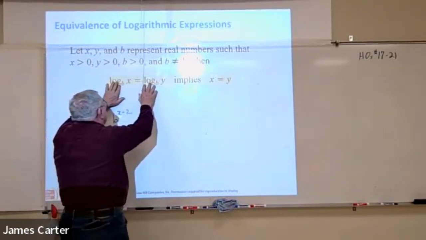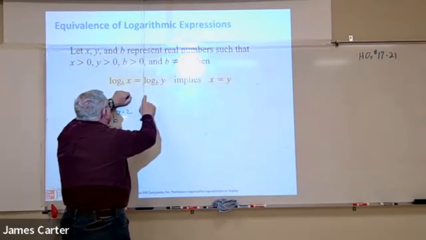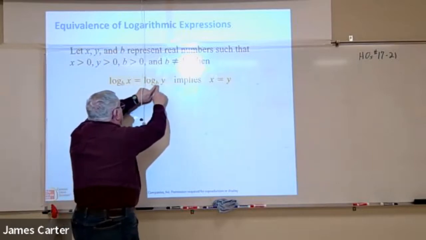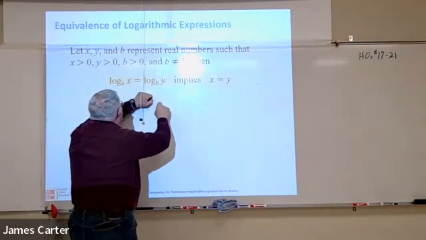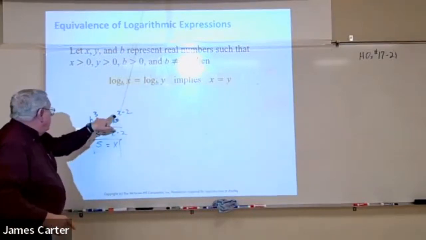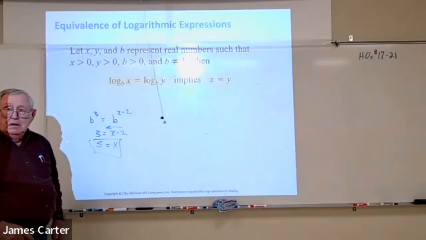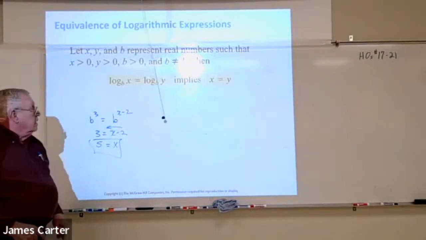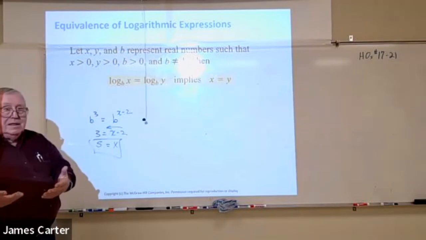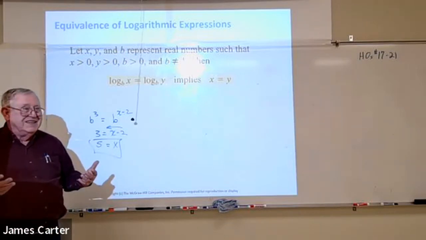This says that if I've got log b of x equal to log b of y, then x and y have to be equal to each other, just like the 3 had to be equal to the x minus 2. So you can take it away from both sides.